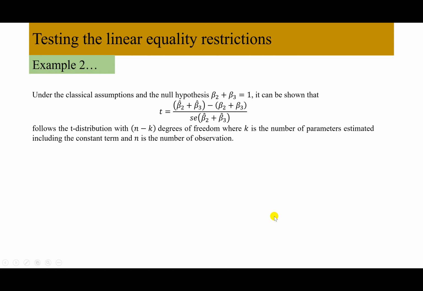Under the classical assumptions and the null hypothesis beta 2 plus beta 3 equal to 1, it can be shown that t is equal to beta hat 2 plus beta hat 3 minus (beta 2 plus beta 3) divided by standard error of (beta hat 2 plus beta hat 3), which follows the t distribution with n minus k degrees of freedom, where k is the number of parameters estimated including the constant term and n is the number of observations.